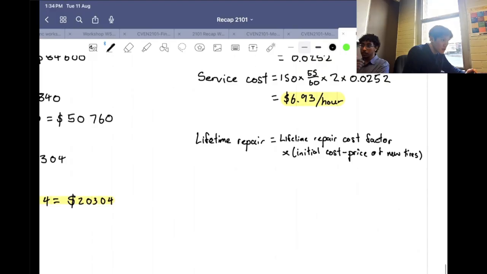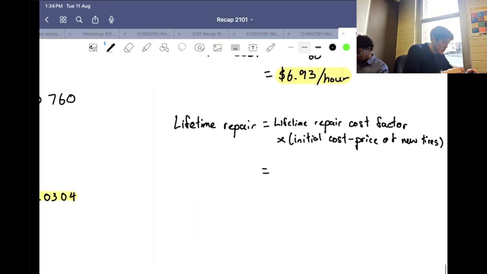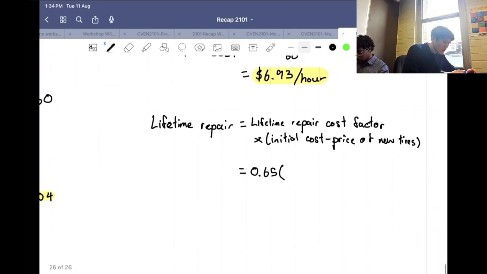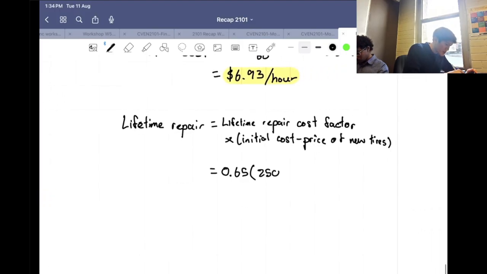Yeah, we will do it. So 0.65. So your initial cost is 250,000 minus new tires 15,000. Wait, hold on. Why did I do 0.65?